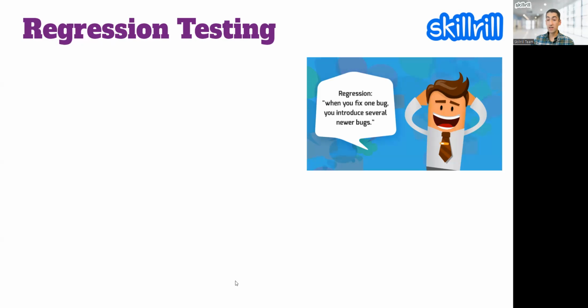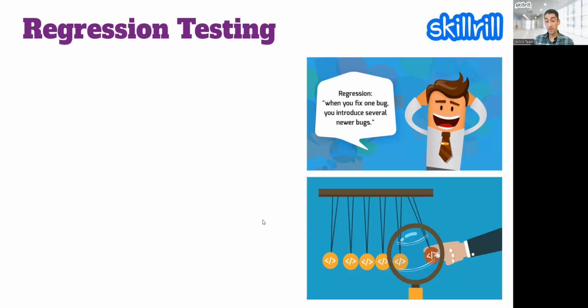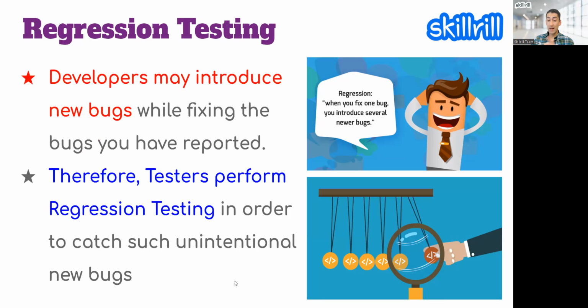When they're fixing the issues, they might actually introduce new issues. Make sense? So when you're trying to fix something, but then you break the other part of the application. That's possible. That's a human factor, and that has to be taken into account. That's usually the case.